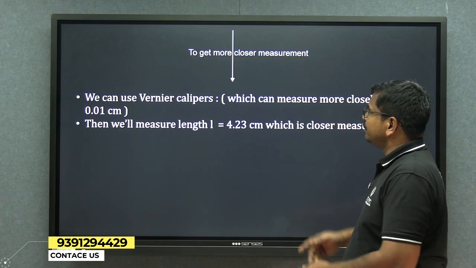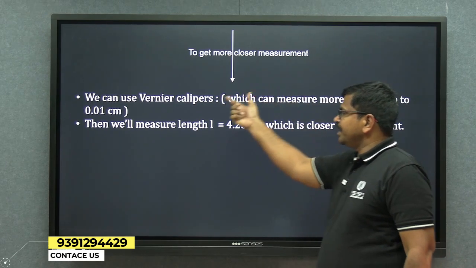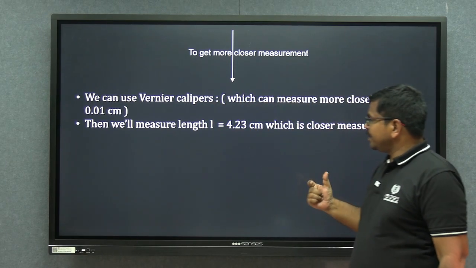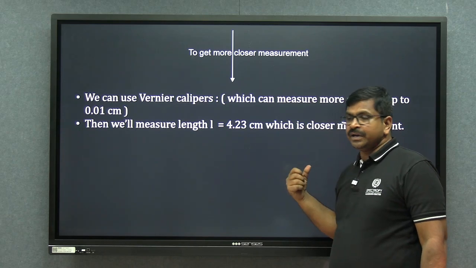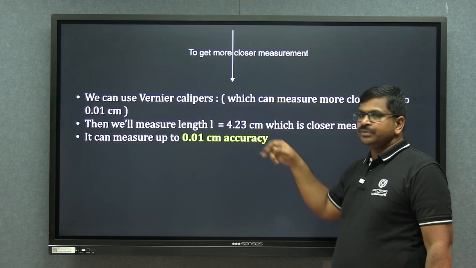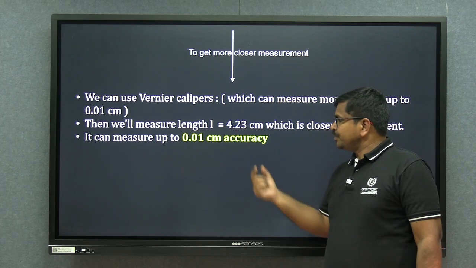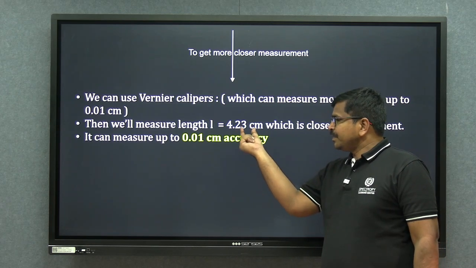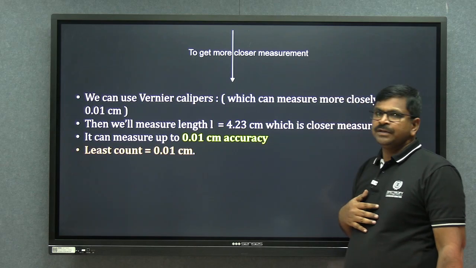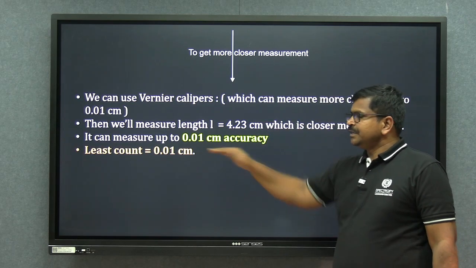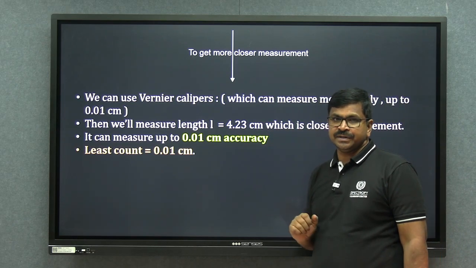Let me take vernier calipers to get a closer measurement. In vernier calipers, 4.23 centimeters can be measured accurately, and even after 4.23 there will be uncertainty. So the minimum measurement I can take with this is 0.01 centimeters accuracy. So the least count of this one is 0.01 centimeters.